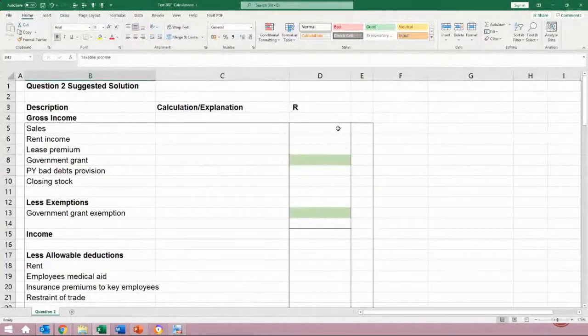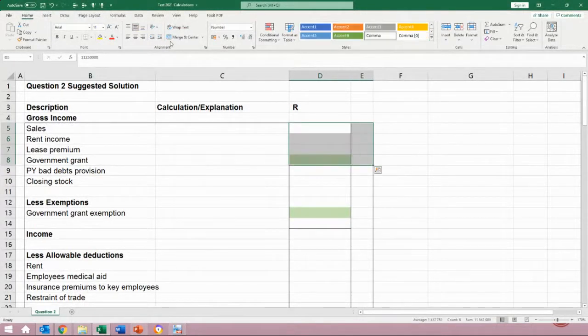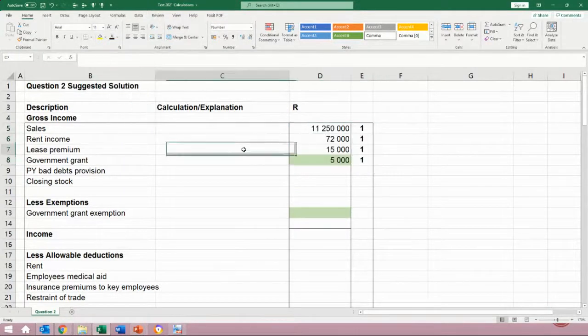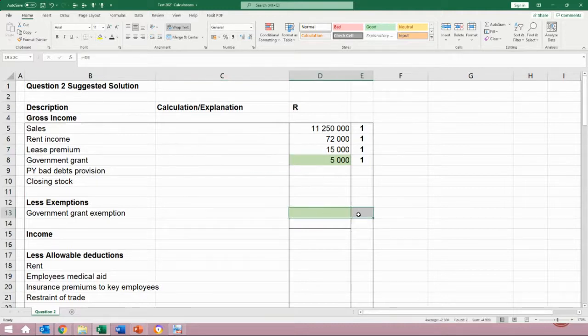So what you go do is you include the sales amount, the rental income, and the government grant amount based on your information in that table. Now, we all know that government grant is exempt. So what you had to do is then go do the exemption at the same time.